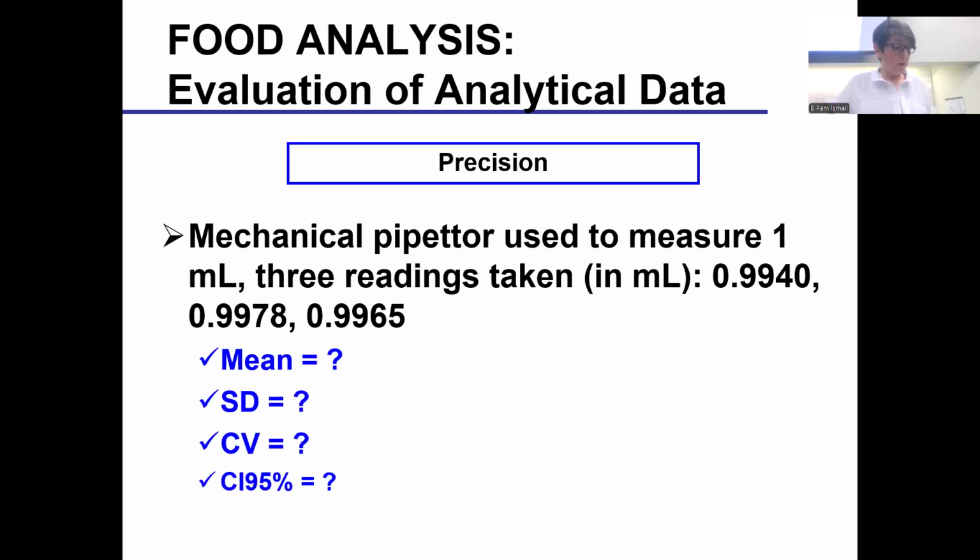N minus 1 would be the degrees of freedom, so that would be 2. And then let's say I want a 95% level of certainty. Then the t value based on the table on page 41 would be 4.3. So that's alpha 0.05 and degrees of freedom 2, and the table will give you that t value.